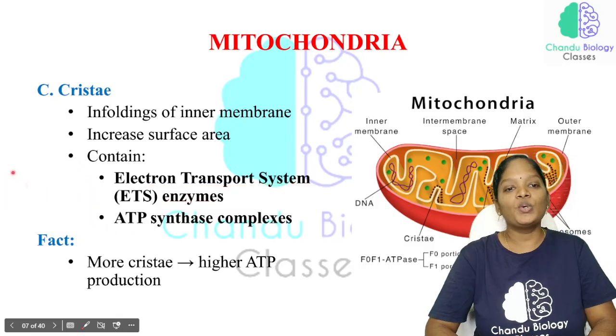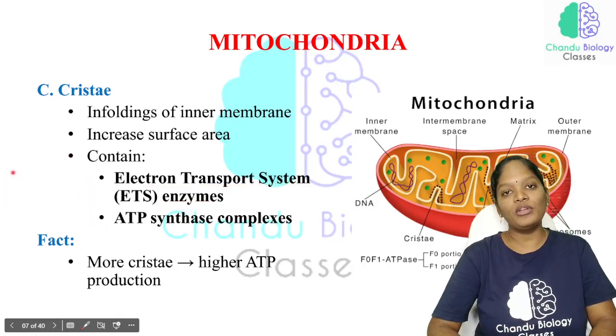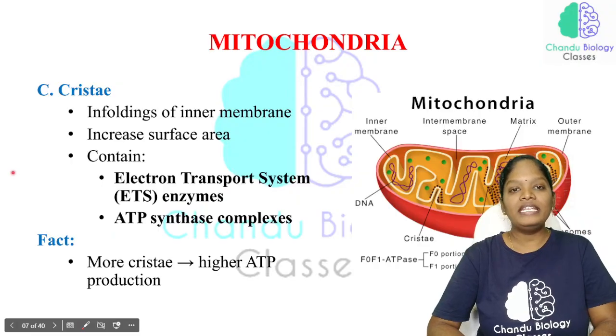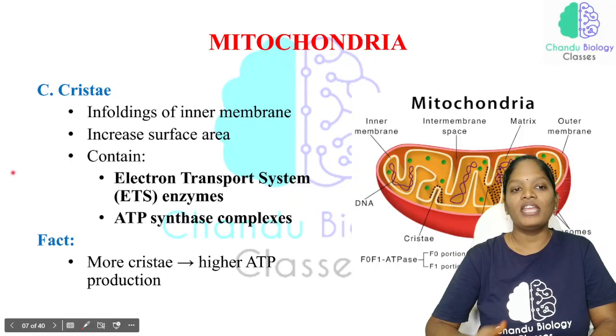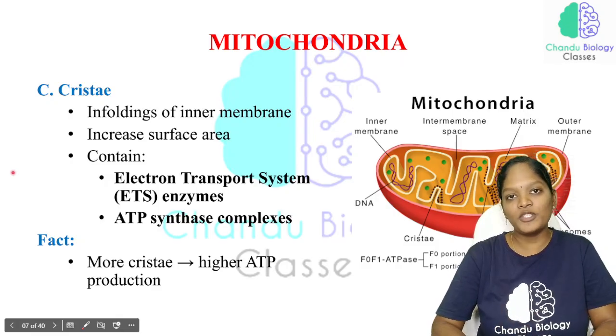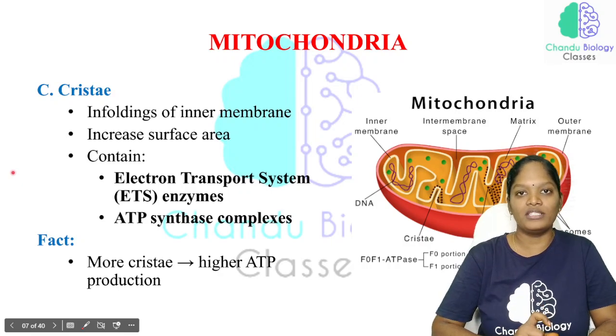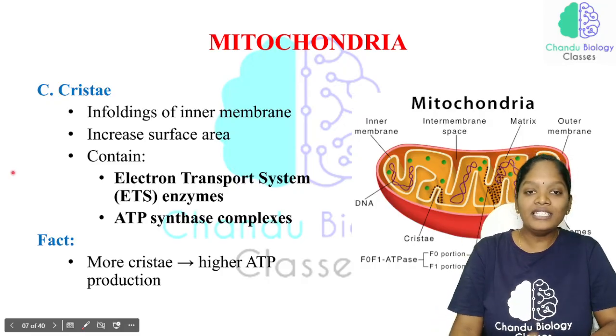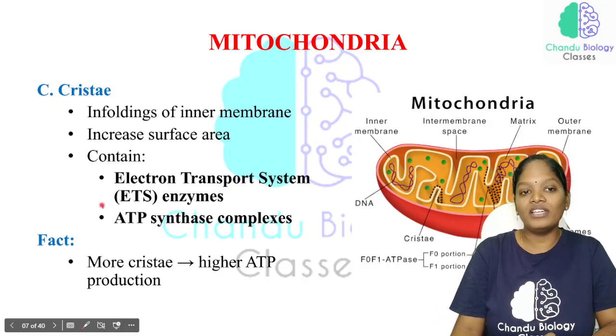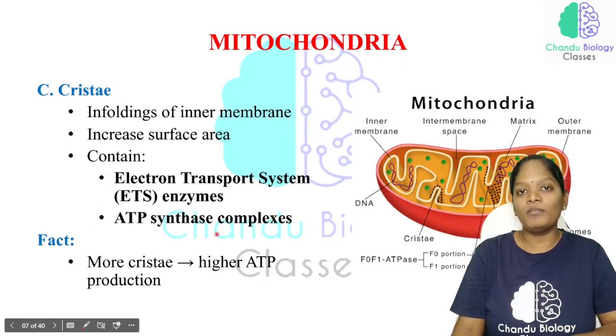In the inner mitochondrial membrane, what have we studied? It is a site for oxidative phosphorylation. And the cristae, what do they have? The enzymes required for oxidative phosphorylation and the electron transport system are all accumulated in the cristae, the foldings. Another important thing the cristae have is ATP synthase complexes.